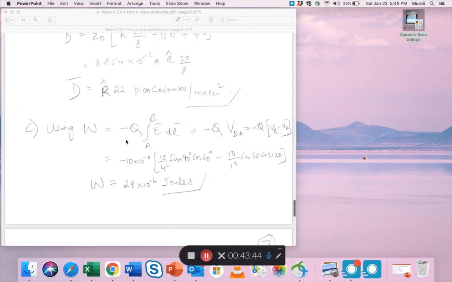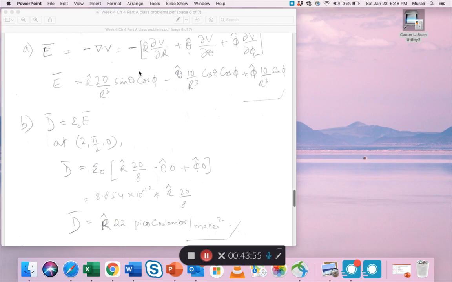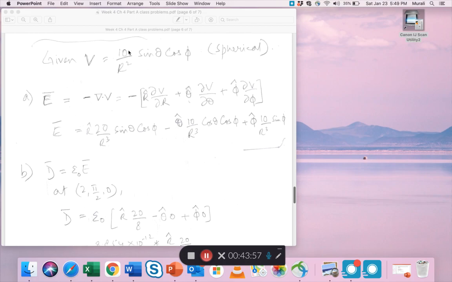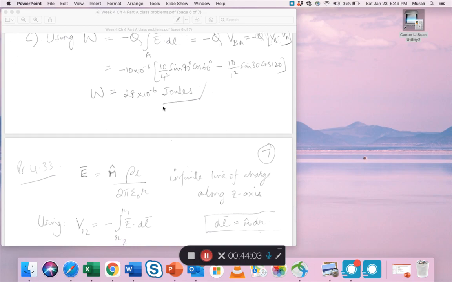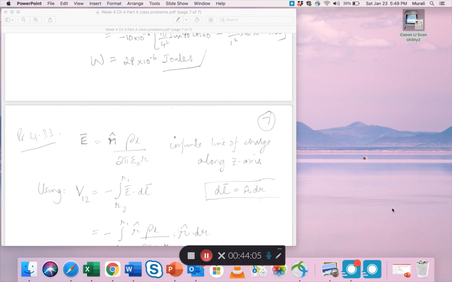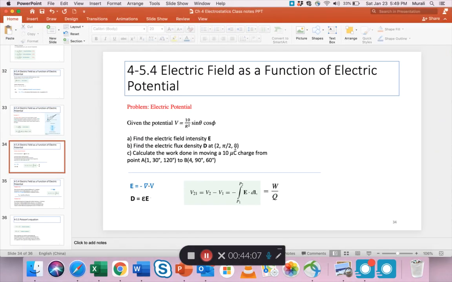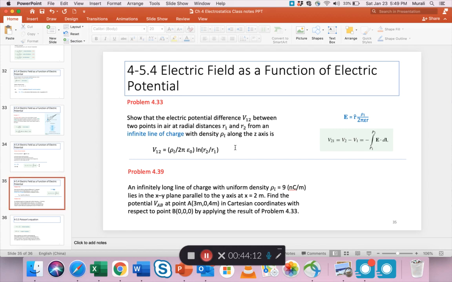You can do Q times an integral, and that integral is also the potential, because VB and VA can be easily found from the given V. Just put in the coordinates and you get VB and VA, and the work is then so much. All right, so that's all I'm going to look at for that problem.